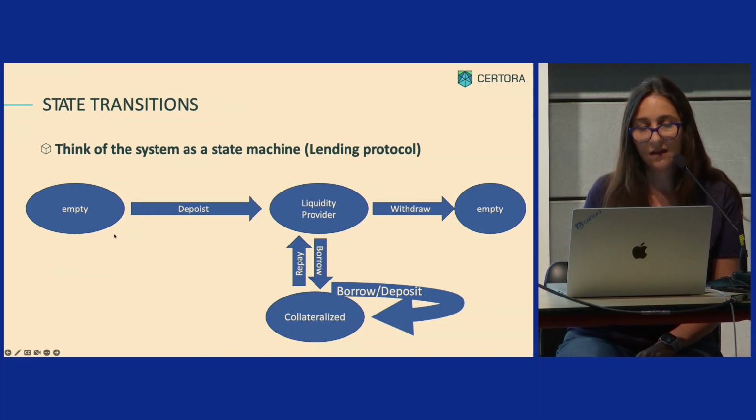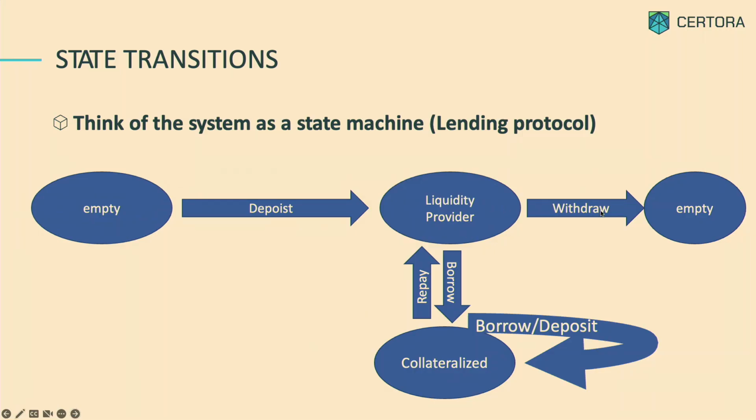So this is, for example, for a lending protocol. We can say that a user starts from the empty state. If he deposits, he becomes a liquidity provider. If he withdraws, he goes back to the empty state, where he's not a user of the system.